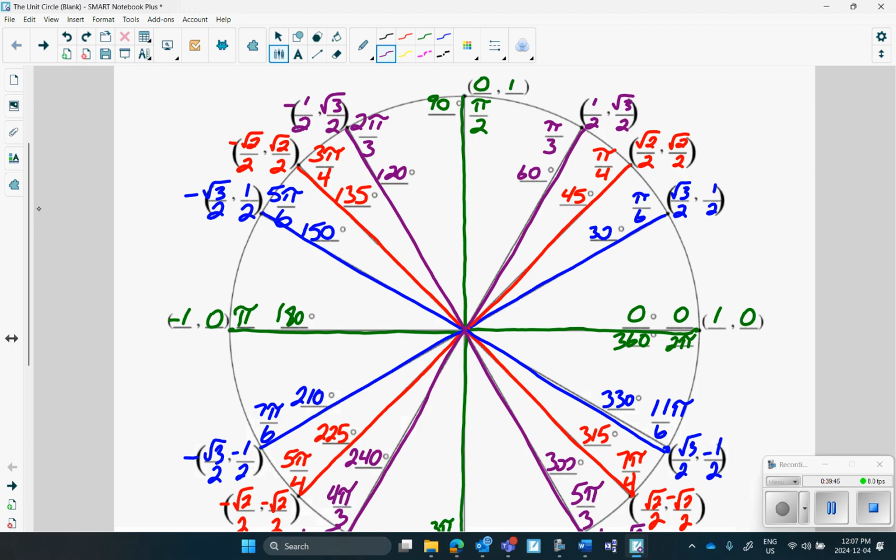All the ones out here are over 2. Notice this is root 3, root 2, and technically this is root 1. And this is root 1, root 2, root 3. So maybe you see the pattern there to remember it. The lower it is to the x-axis, the bigger the denominator is in radians. So if it's low, it's 6. If it's in the middle, it's 4. If it's high, it's 3. Different ways to remember.